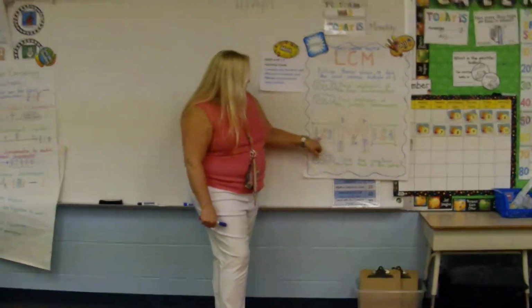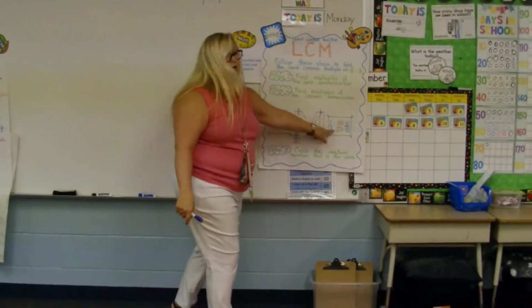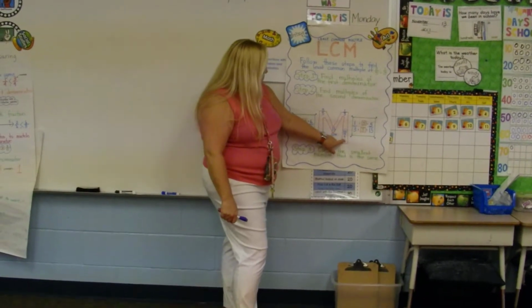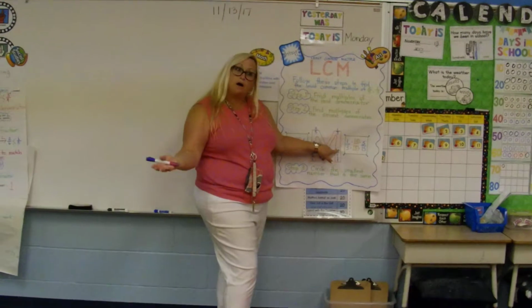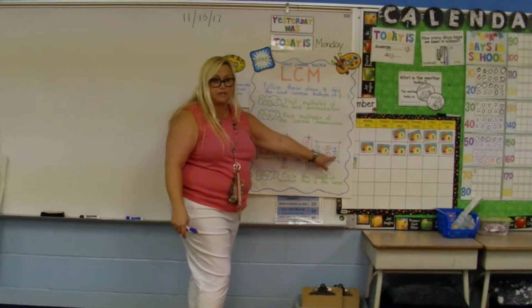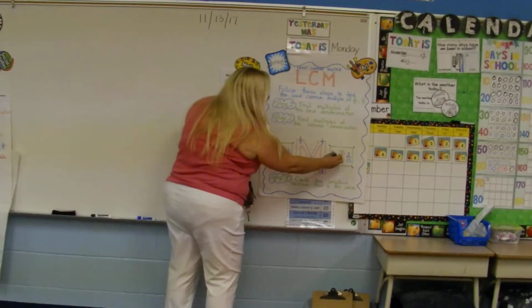So I know 5 times 3 equals 15. Now let's count over here. 1, 2, 3, 4, 5. Oh, I also know that 3 times 5 equals 15. Okay? So we wrote our 3 here and our 5 here.